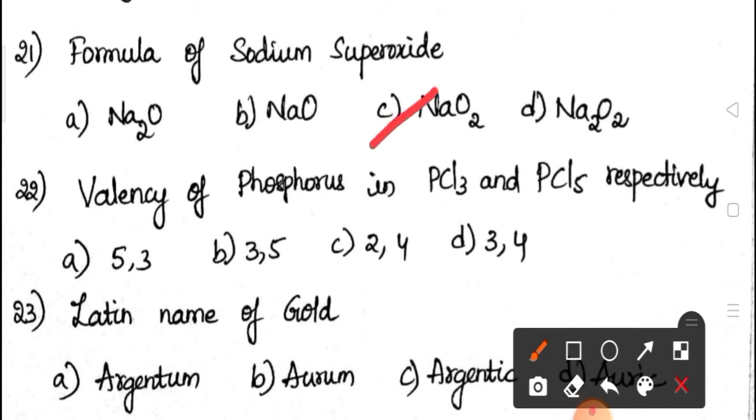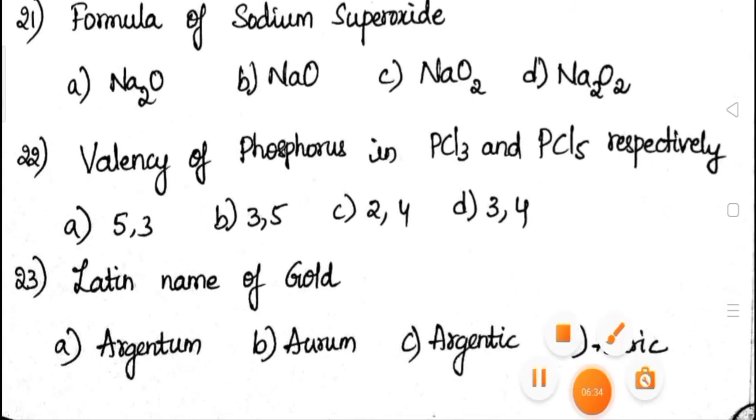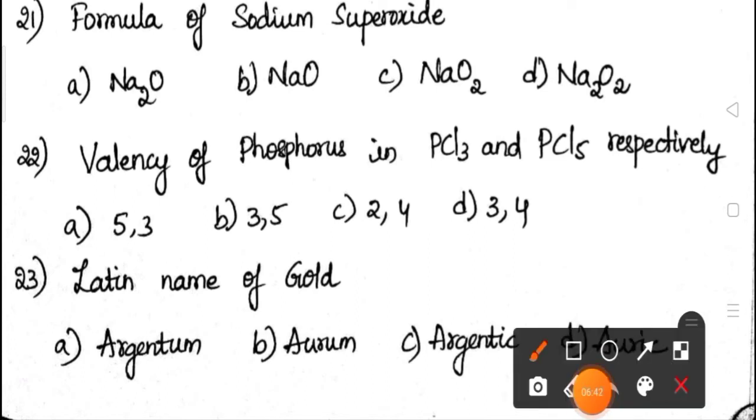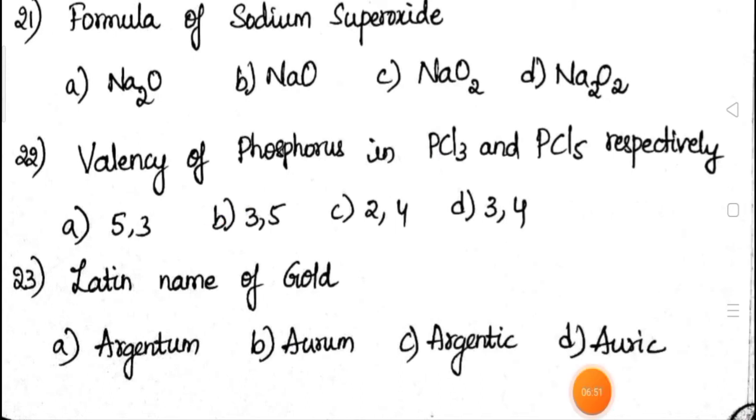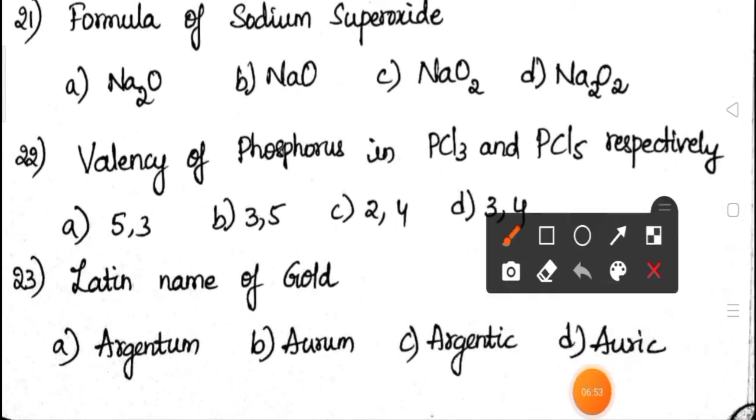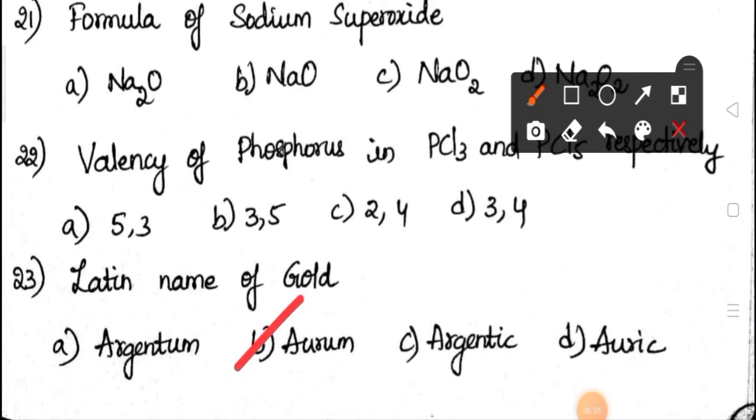NaO2. Okay. 22nd, valency of phosphorus in PCl3 and PCl5. 3 and 5. Very easy. If you go through the video previously, you will be able to write all the answers without any mistakes. Okay. Latin name of gold. Latin name of gold is aurum.